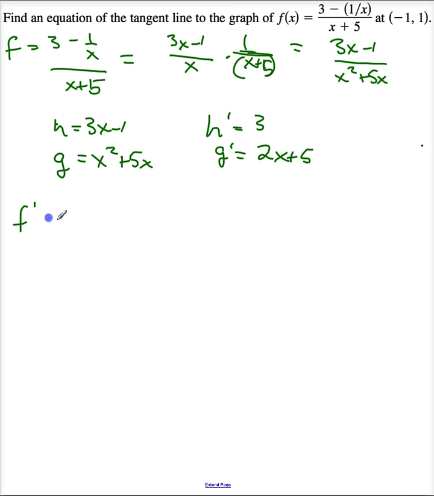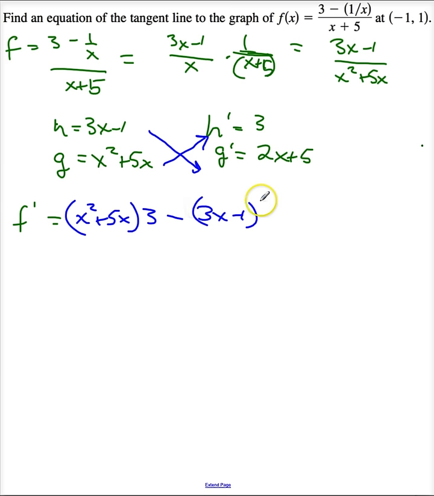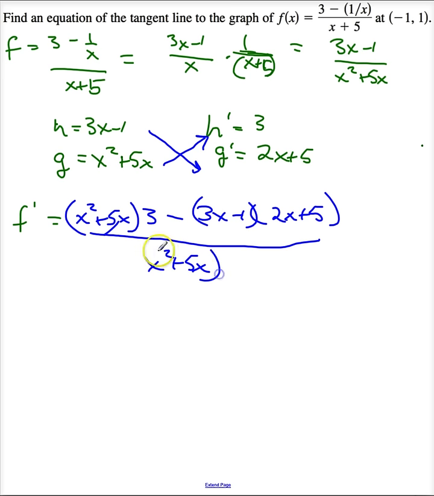So f prime is, now go up and it's plus, x squared plus 5x times 3, and then it's going to be minus, because we're going down, 3x minus 1 times 2x plus 5, and the whole thing is divided by x squared plus 5x, squared.